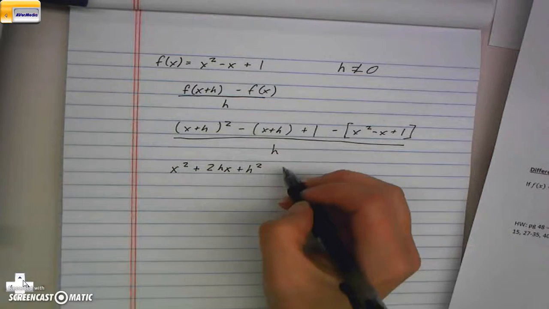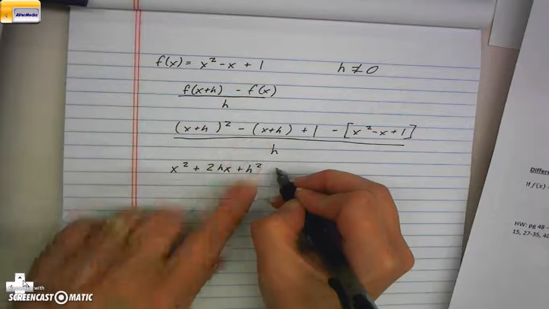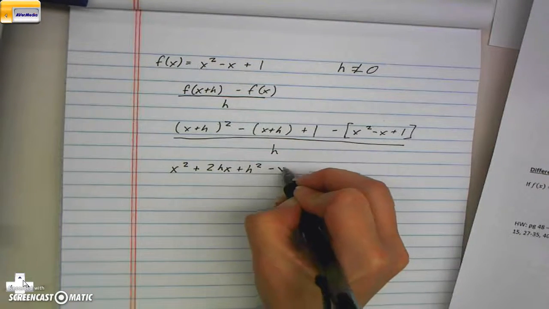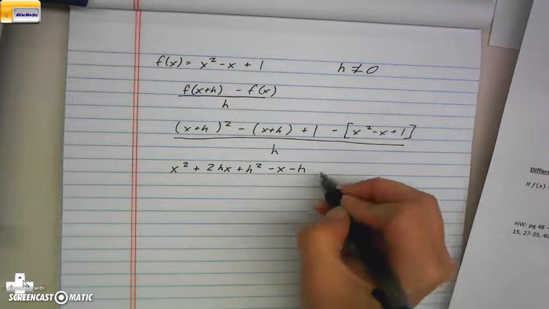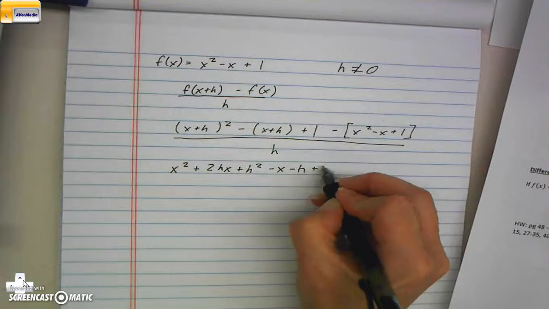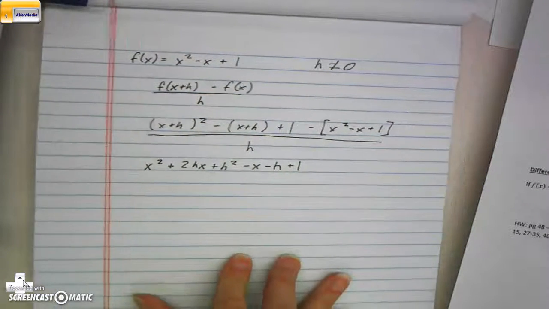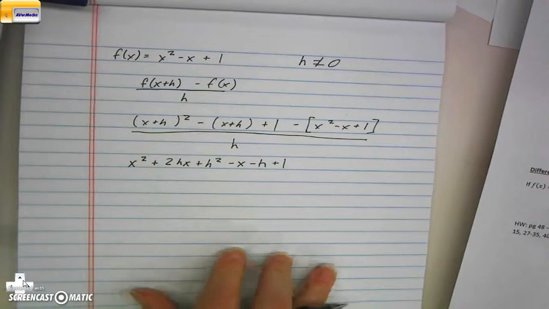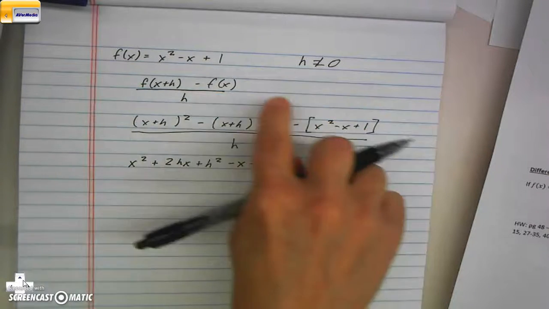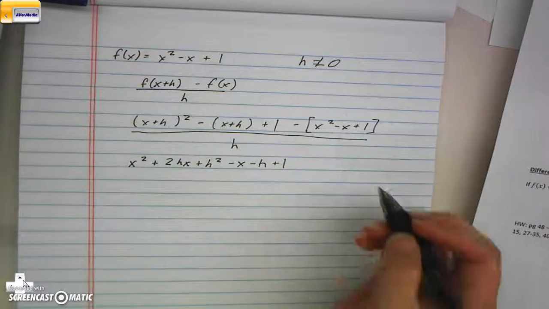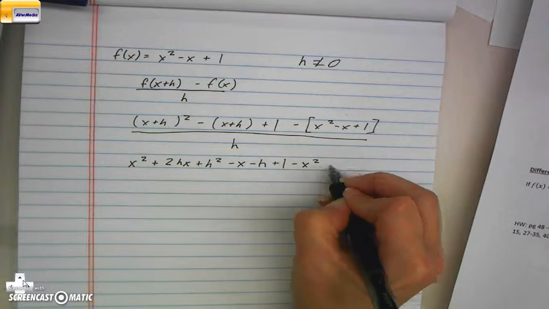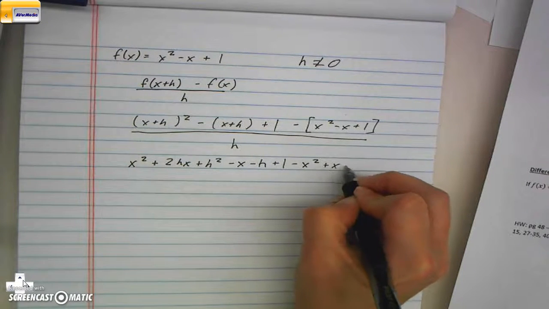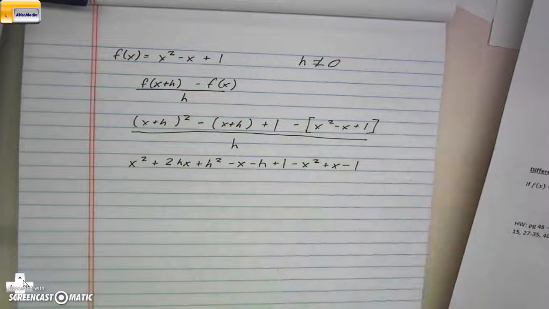Okay, this I can just go ahead and distribute the negative through. Minus x minus h and a plus 1. Distributing the negative through to all of the f of x gives me minus x squared plus x minus 1.